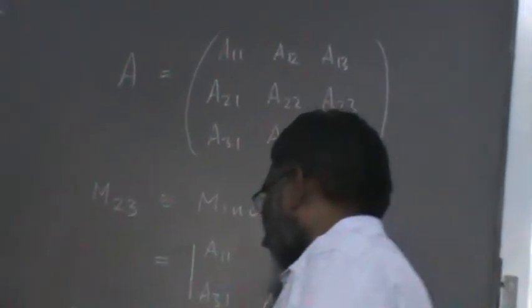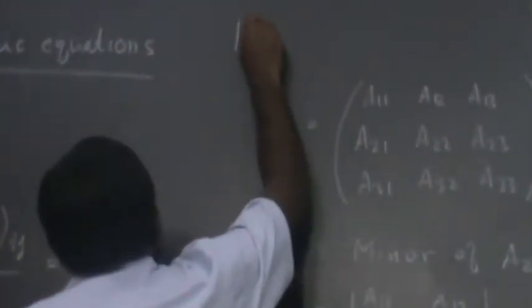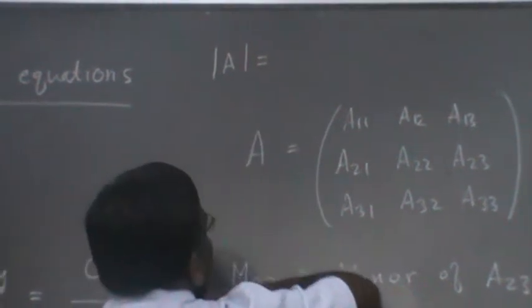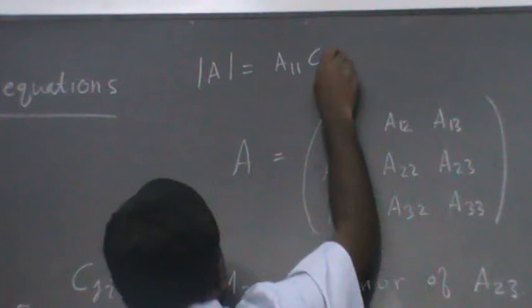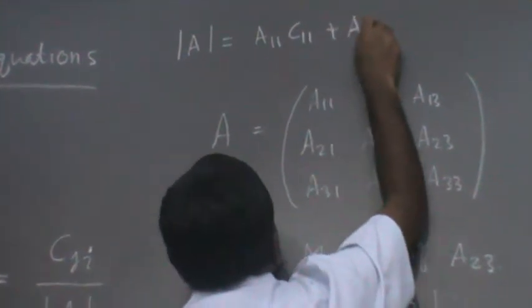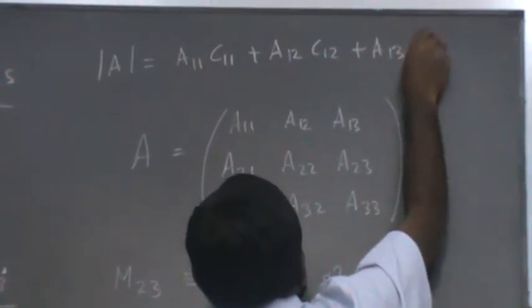So you can define the determinant of A as, for example, if I take A11 C11 plus A12 C12 plus A13 C13.